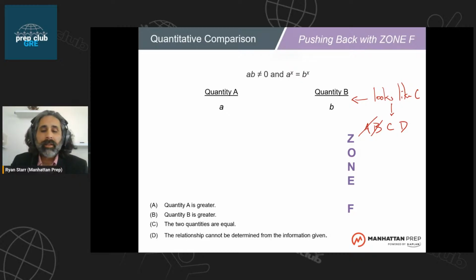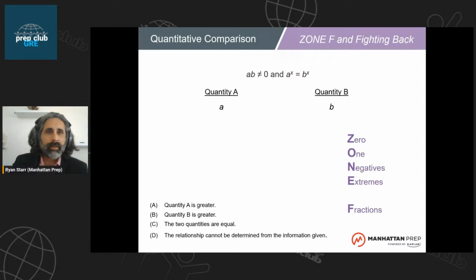Zone F is basically an acronym to remind you of the weird cases to test. Z for 0, O for 1, N for negatives, E for extremes, and F for fractions. By way of quick example, when we talk about extremes, if they tell you that x is less than 10, extremes would be something like 9.9, unless there's an integer constraint, or negative 10.